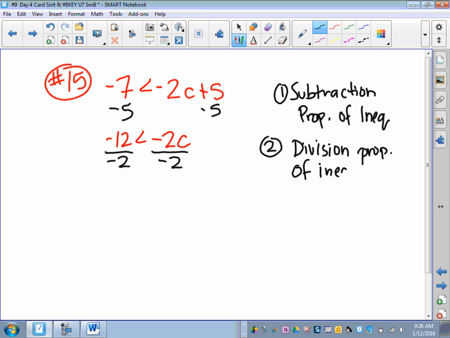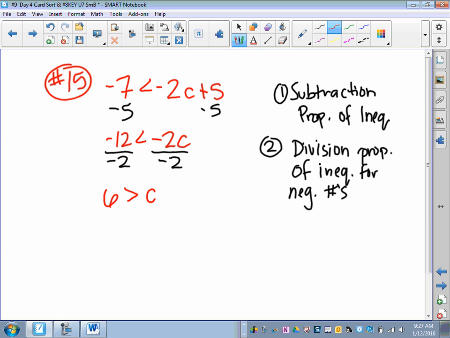But what type of thing did we divide by? Good, negative numbers. And we have to specify for negative numbers because what do we do when we divide by a negative? So that means we have +6, flip my sign, +c.